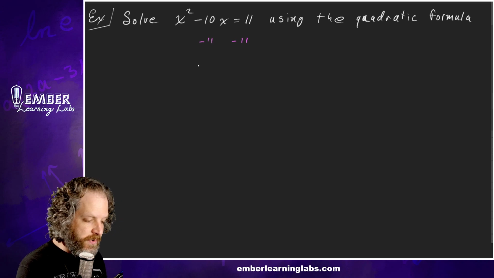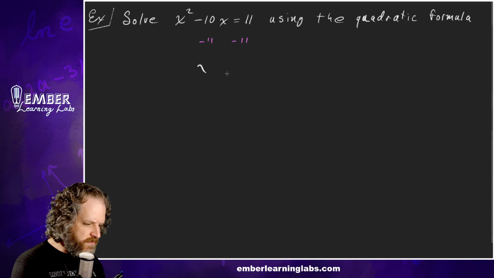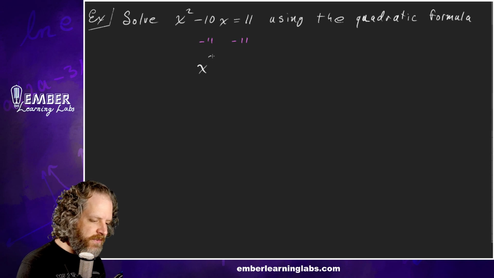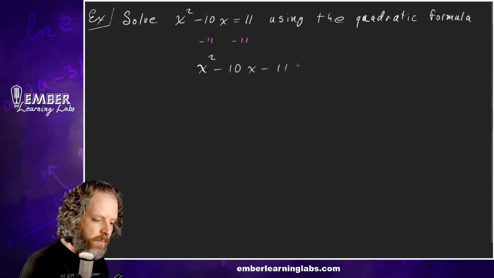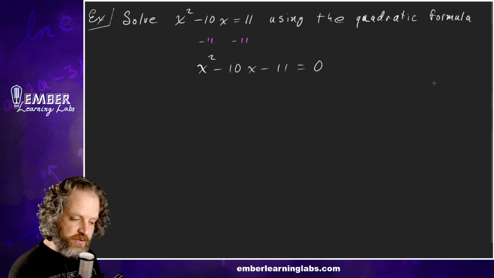So we would end up with x squared minus 10x minus 11 equals 0. So here we have it. We're going to use the quadratic formula.